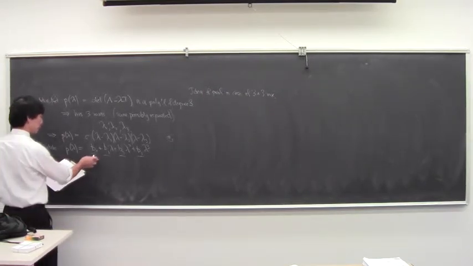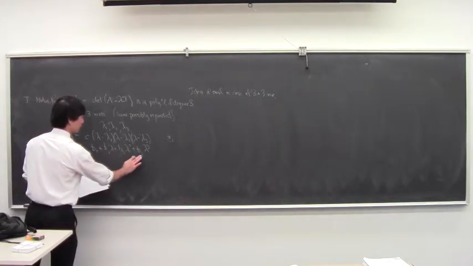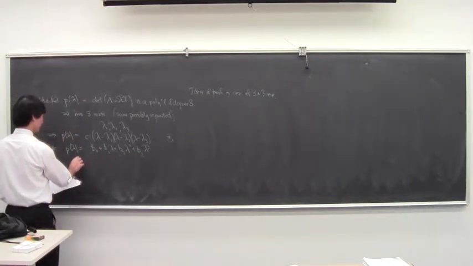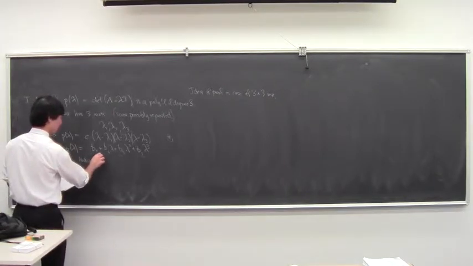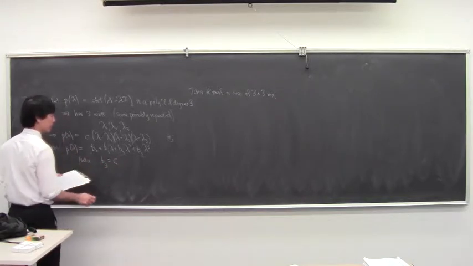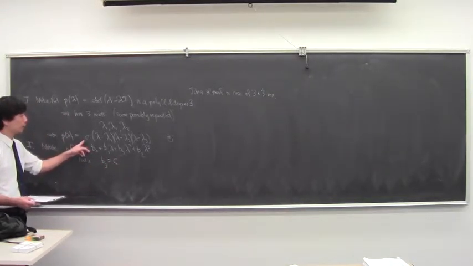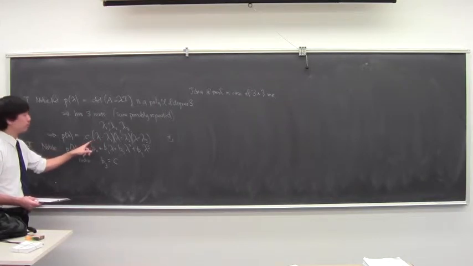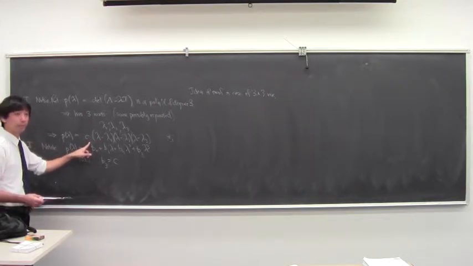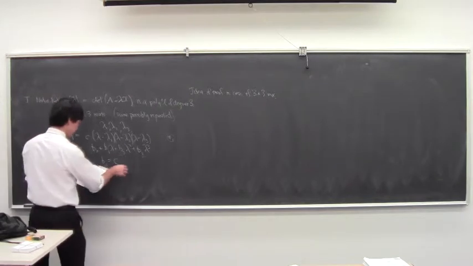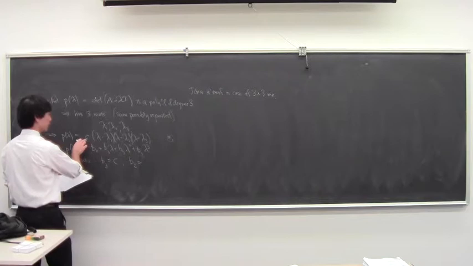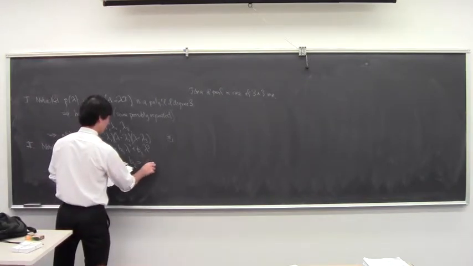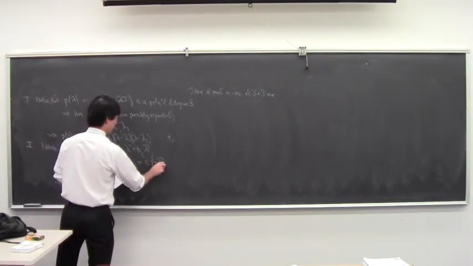If we think about it for a second, we see that B3 is the same thing as C. The coefficient of lambda cubed is this C. And the coefficient of lambda squared is going to be C times the sum of negative lambda i, from i equals 1 to 3.